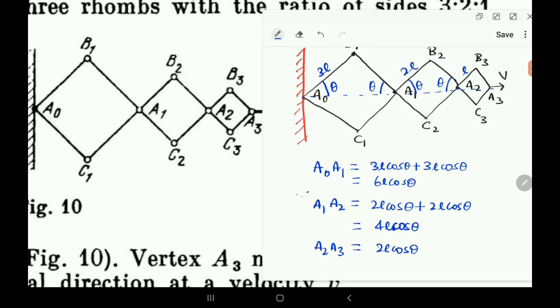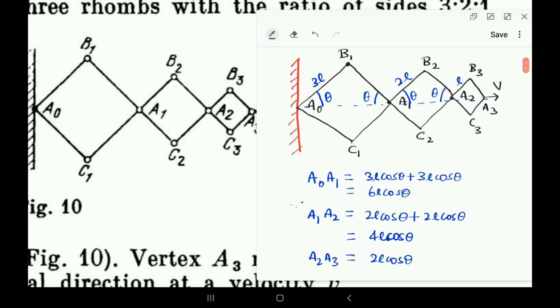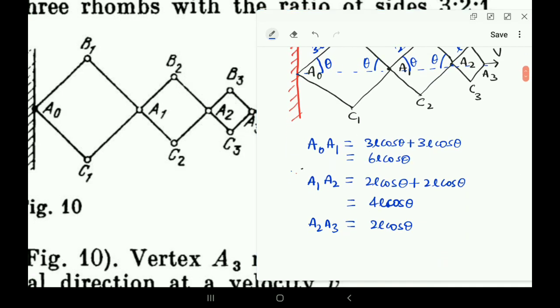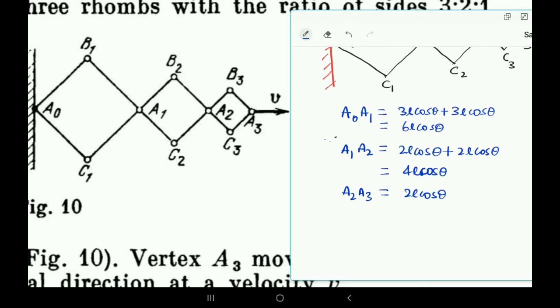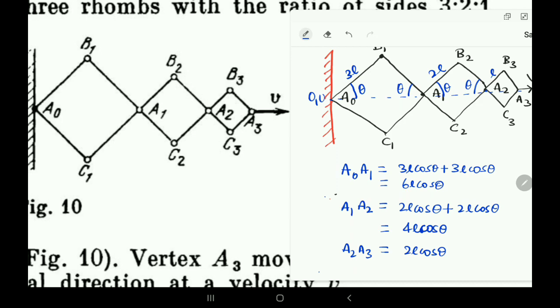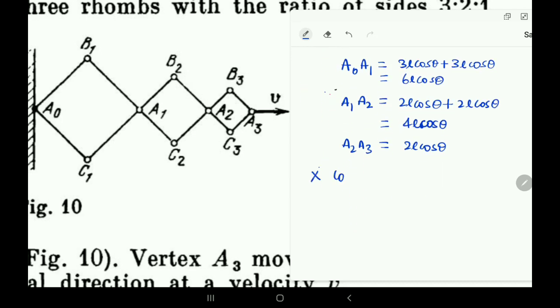You can basically drop a perpendicular from B1 to the line joining A0 A1, and then A0 B1 will become the hypotenuse, and you can take the components afterwards. So that's how I have calculated.